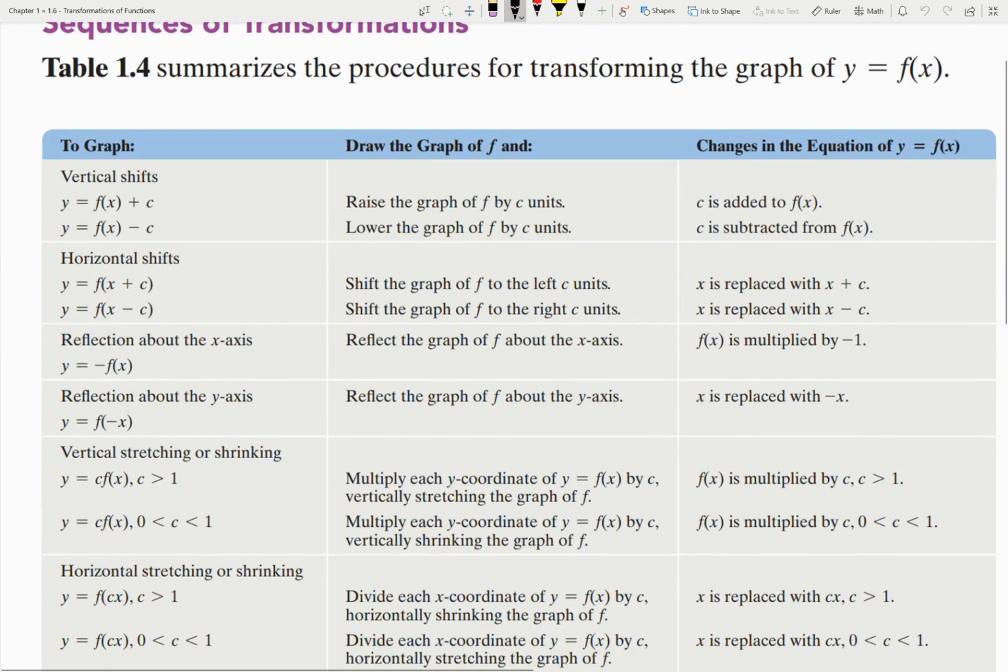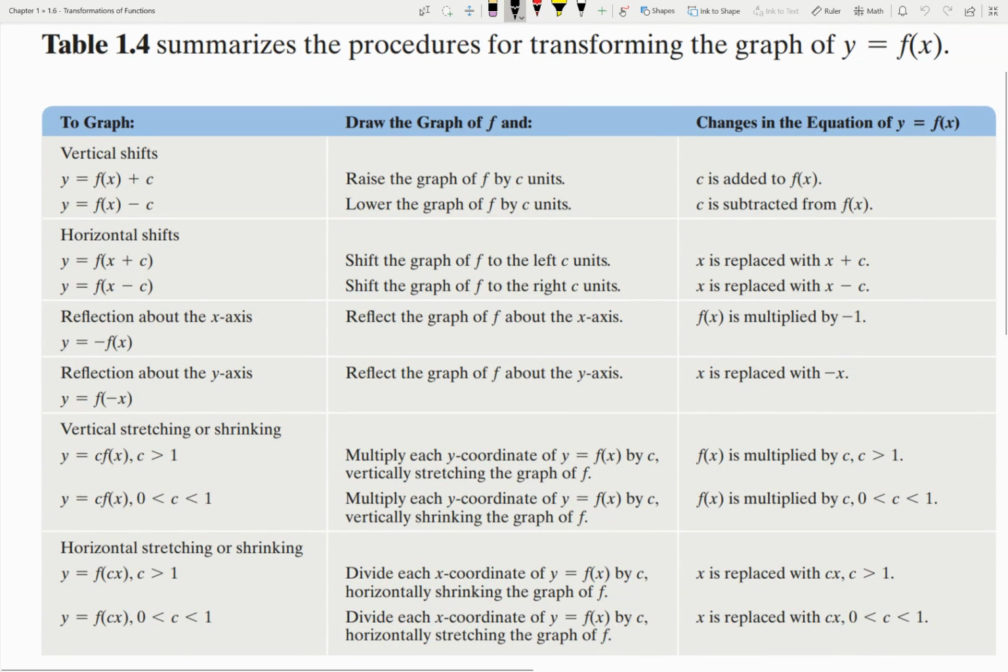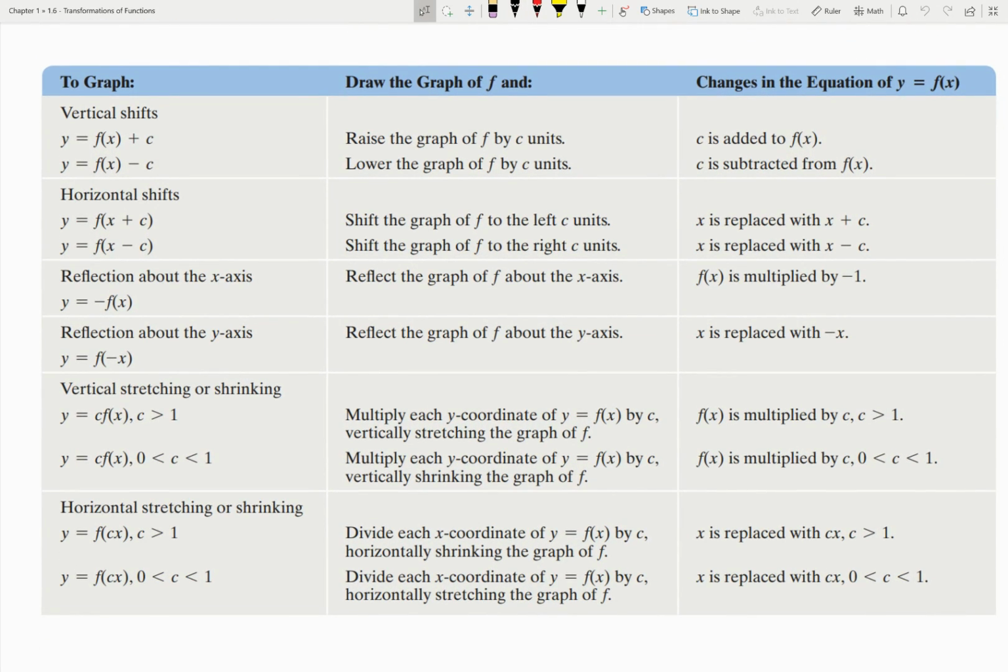Okay. And as long as we recognize all the transformations that are possible: vertical shifts to the outside of the function, adding or subtracting; horizontal shifts to the inside of the function, a plus moves it left, a negative moves it right; a negative in front of the function reflects in the x-axis, a negative inside the function reflects in the y-axis; a vertical stretch or compression if the output is multiplied by a number, and you multiply each y coordinate by that number to change the function.